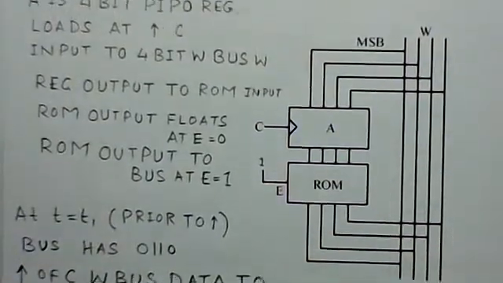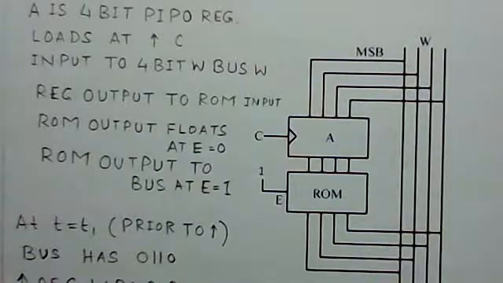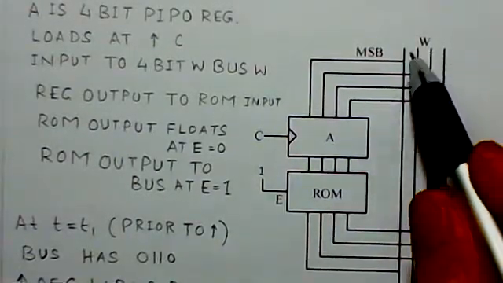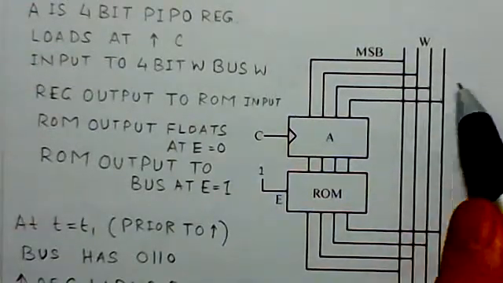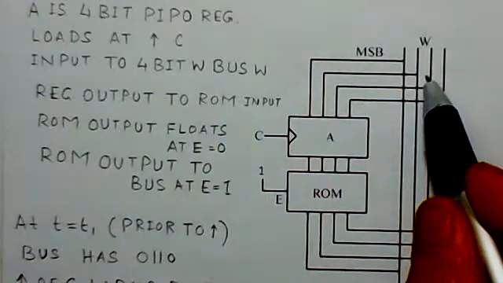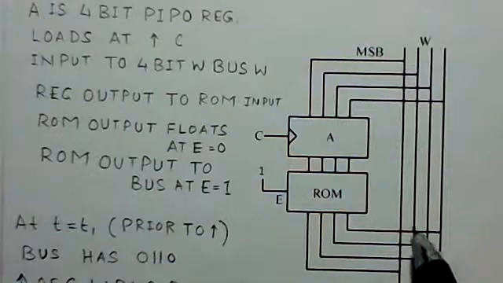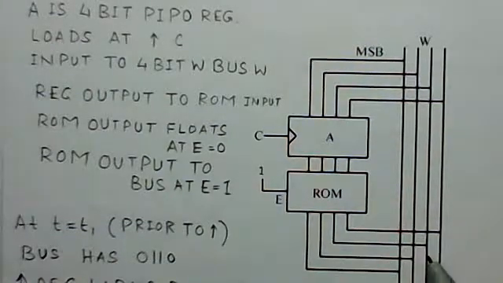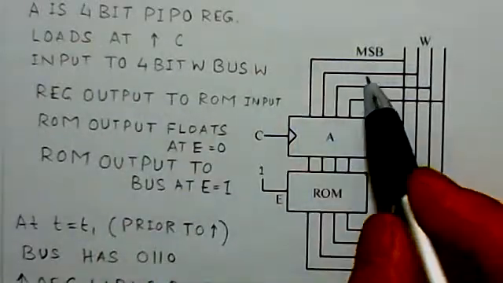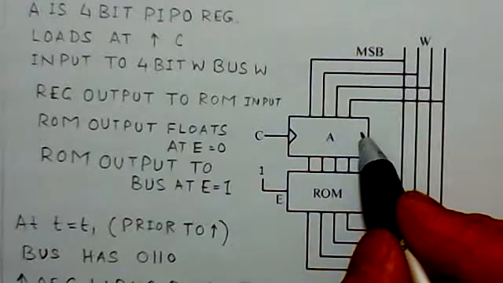You can just have a look at the figure here. If you notice this figure, this 4-bit W bus on which the data is loaded by the ROM. This is a 4-bit parallel-in parallel-out register.